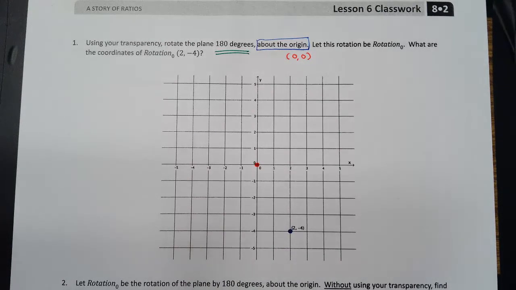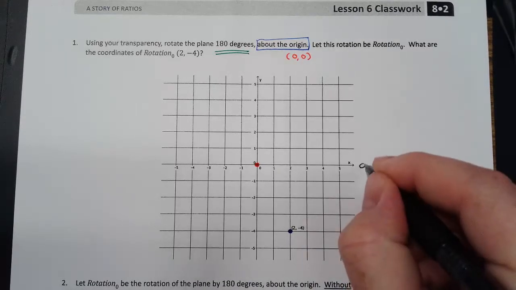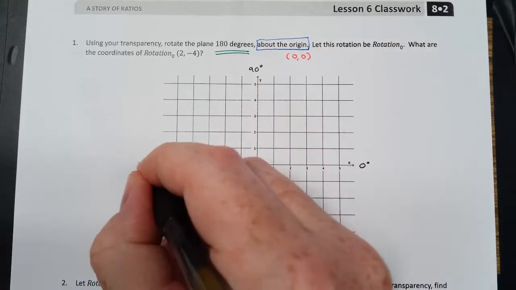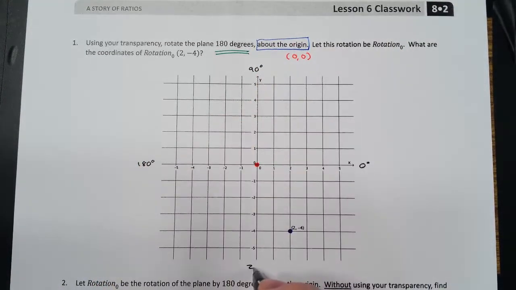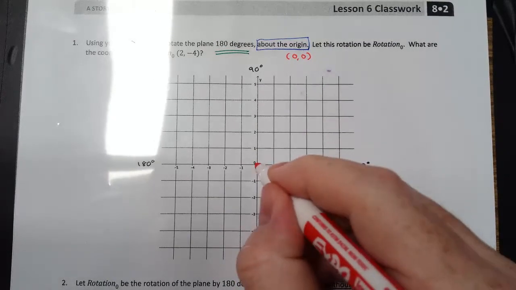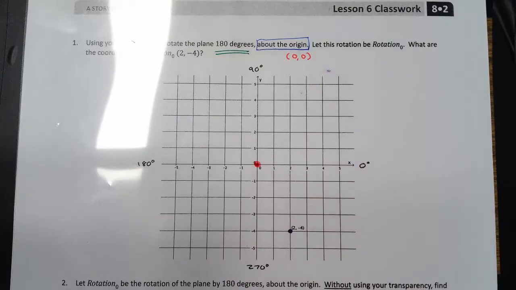Now, again, just to help, I'm going to label where my degrees are. I know this is 0 degrees, 90 degrees, 180 degrees, 270 degrees. So let's get the transparency on top. Let's put our center point that we're spinning around.